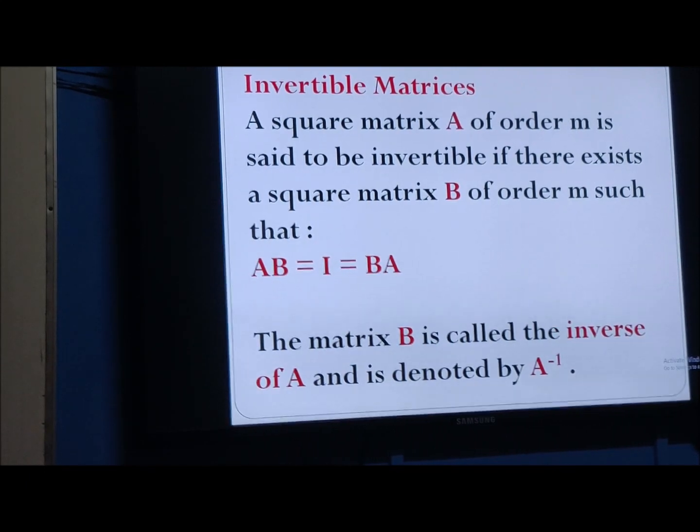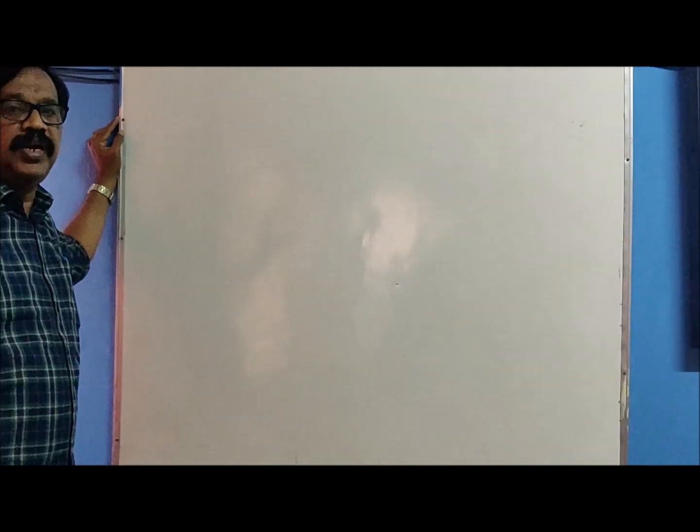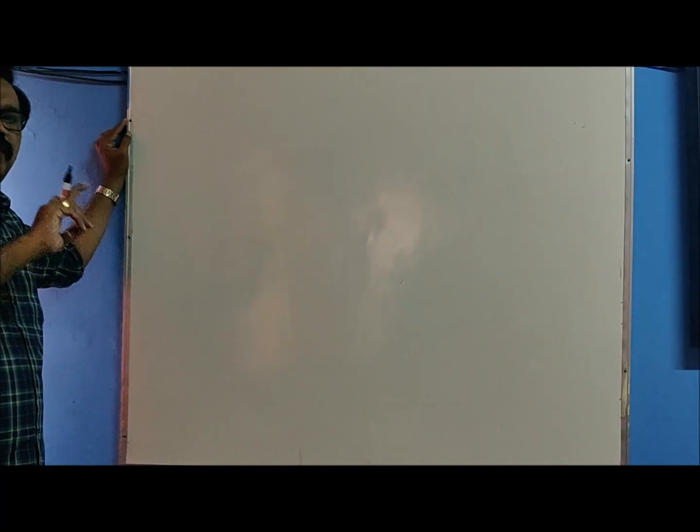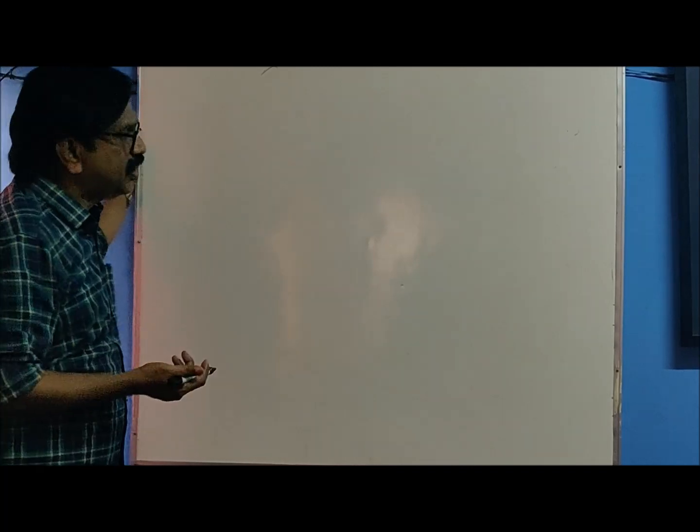Then what is the inverse? Inverse means if the product of two square matrices gives the identity matrix, then one of them will be the inverse of the other.